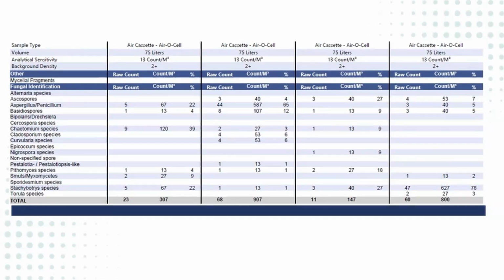But you're right, there are certain organisms, species that we look at as indicator species for chronic moisture. We also look at the total concentration of spores from each sample location and compare those to what we see outdoors.